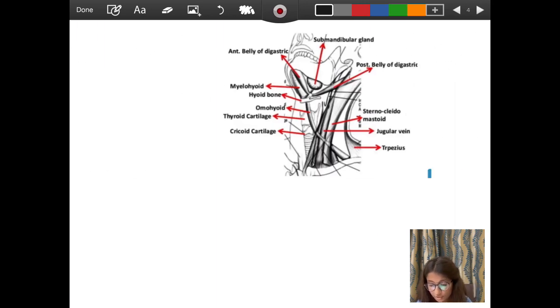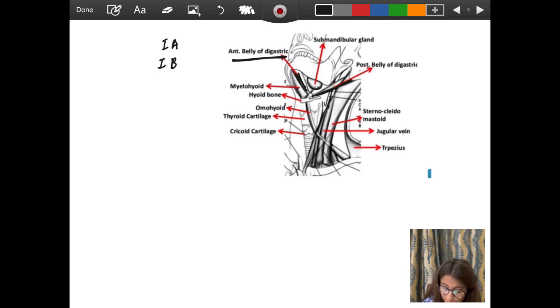Revising all the levels of lymph nodes: 1A is the submental group of lymph nodes, present between the anterior bellies of digastric, and level 1B is the submandibular group, present between the anterior belly and posterior belly of digastric.